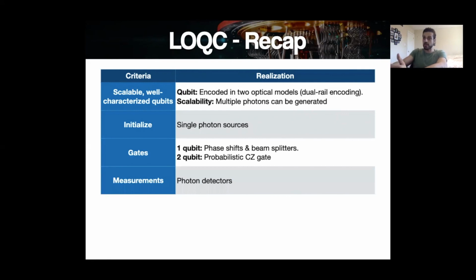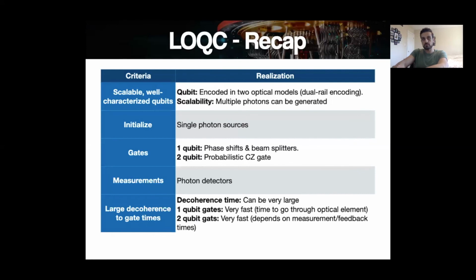We put them at the end of the rails, and we see which rail the photon is in. And decoherence: we talked about this a little at the very beginning, but essentially the decoherence time with photons is incredibly long. Losing single photons is somewhat of an issue, but the decoherence time is incredibly long.